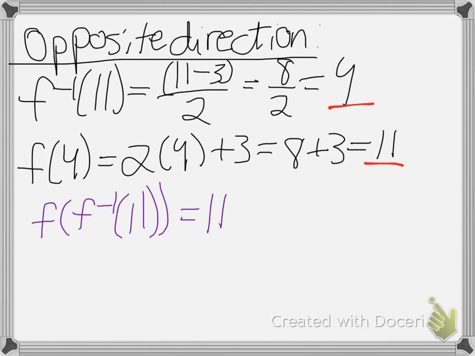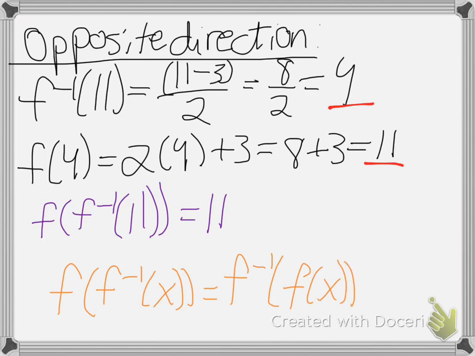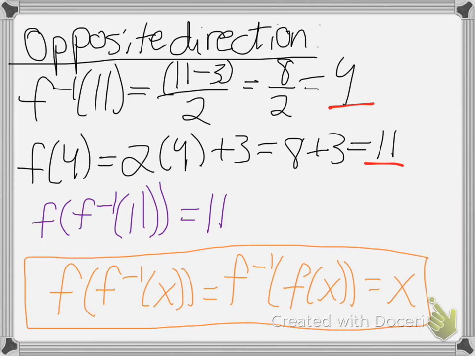And from this information that we have acquired here, we can confirm the rule that f of f inverse of x is equal to f inverse of f of x, which is also equal to x, your original x value. Make sure you write this in your notes. It's very important.